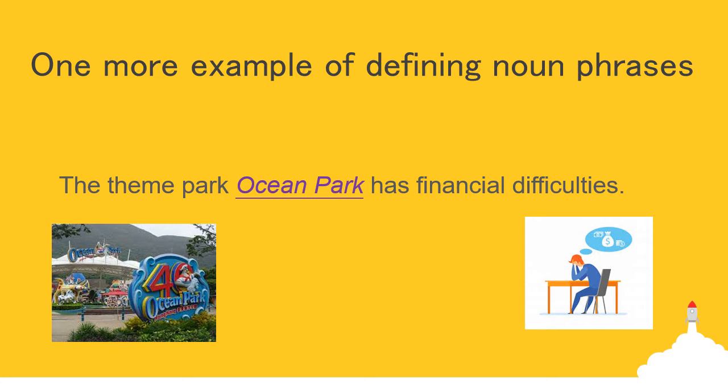Which theme park is this sentence about? But with this noun phrase, Ocean Park, everyone will understand. Actually, it is Ocean Park that is being discussed here in this sentence.